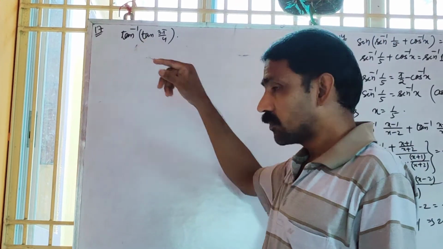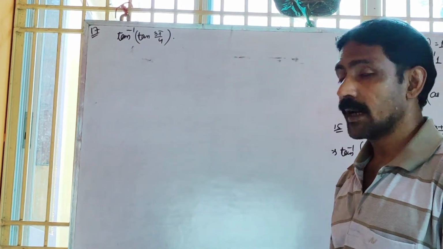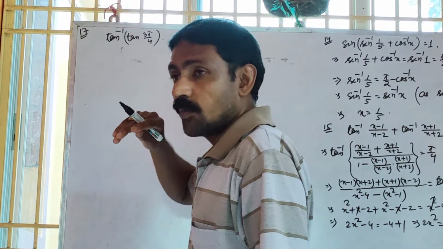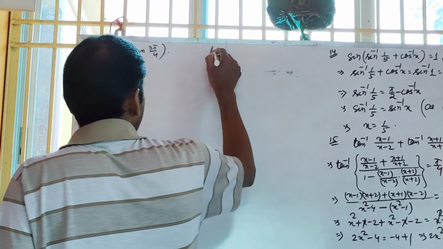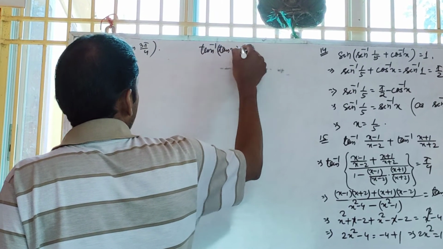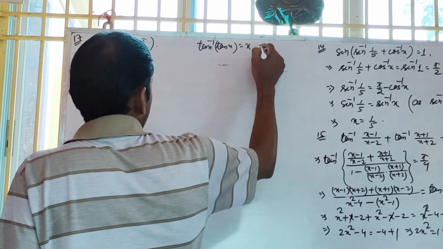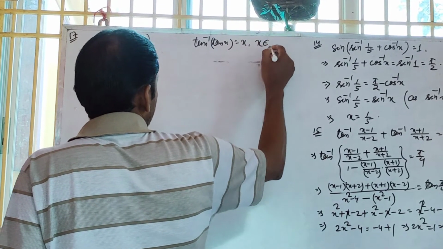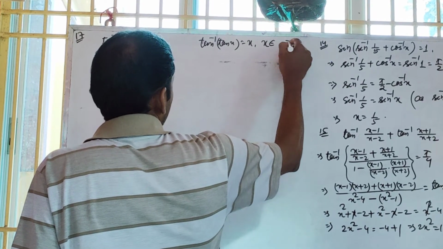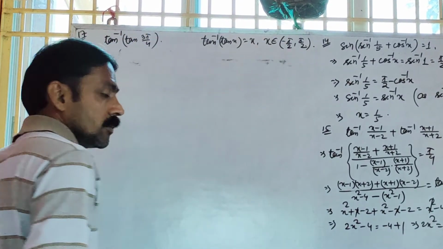Now here in tan inverse of tan x, the value of tan inverse of tan x will be equal to x. Here x belongs to how much? Minus pi by 2 to pi by 2, open interval.